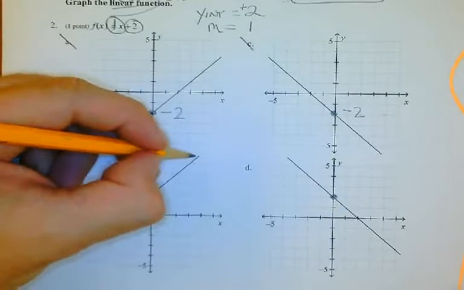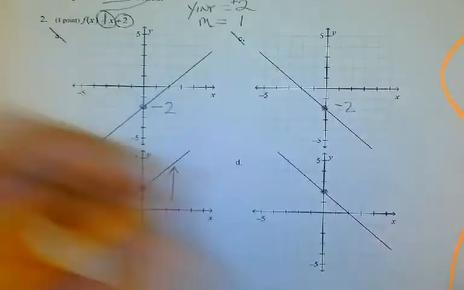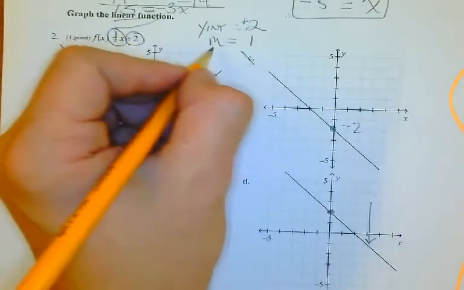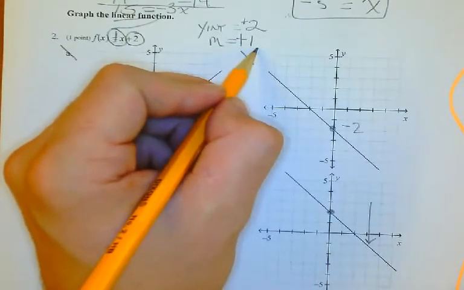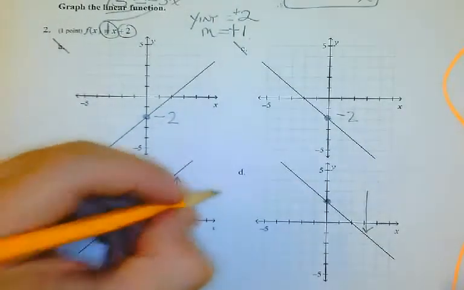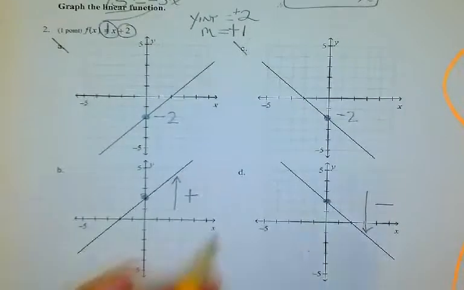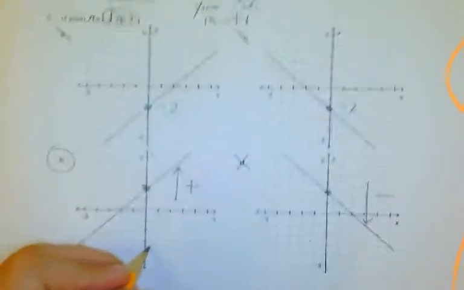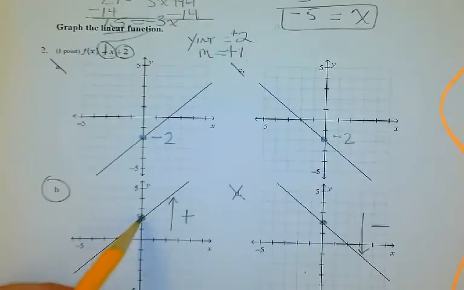And we see the major difference here is one is trending upwards and one line is trending downwards. To know what to do here, I look at my slope and I see that my slope is positive 1. So that means that I need to be trending positive and not trending negative. So I know that this one fits the bill the best. It's got a positive slope, and it's got a plus 2 for a y-intercept.